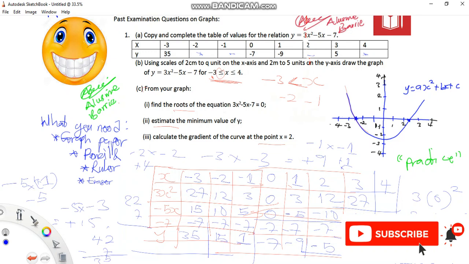Okay, so now we have minus 15 minus 7. Minus 15 minus 7 is minus 22. So 27 minus 22 is going to give us 5. So this is why you see the value in the original table. The question says 5.